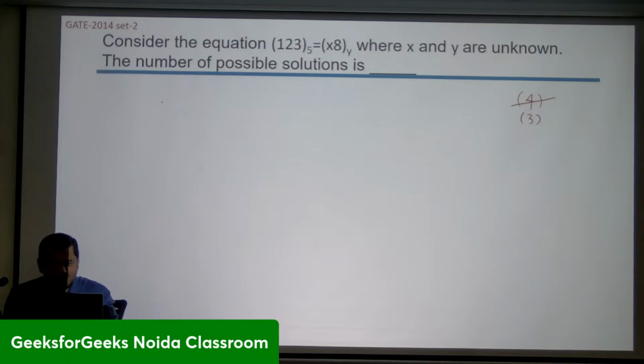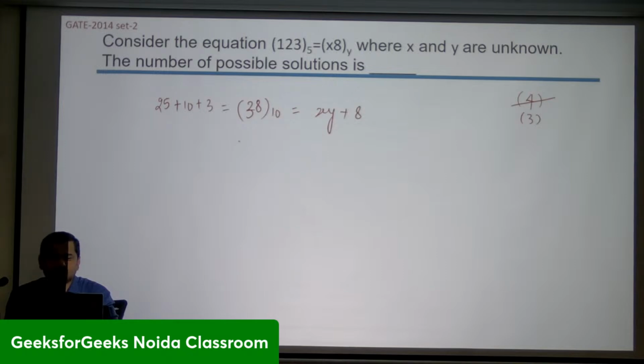Okay, meanwhile, I'm also solving this particular question. Let me check. So it is going to be 25 plus 10 plus 3 is going to be 38 base 10. All right, which is equal to xy plus 8.